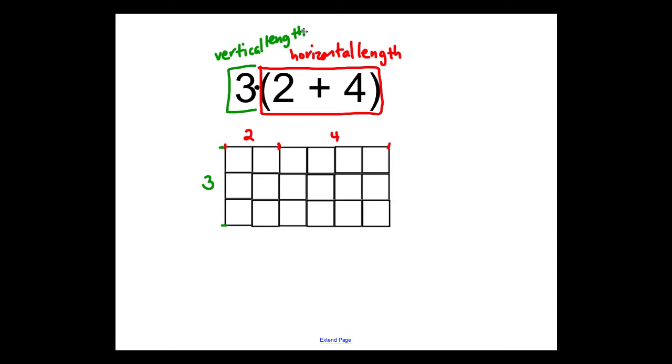Okay, so this right here is what we're going to show as the number of square units that can cover this rectangle.